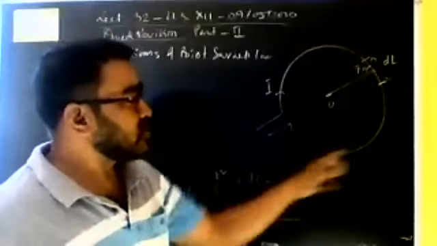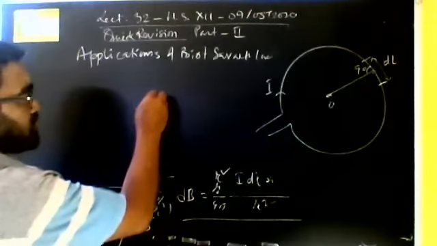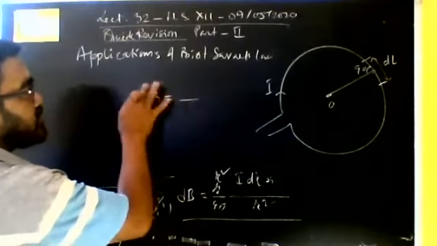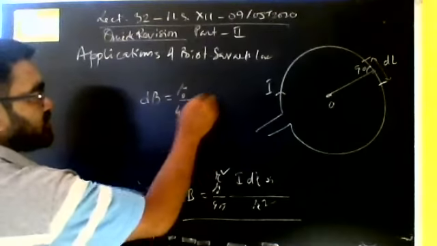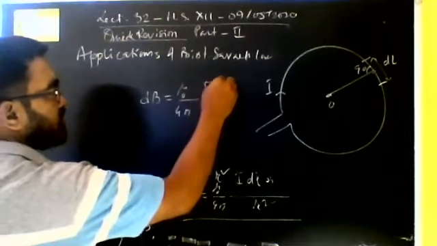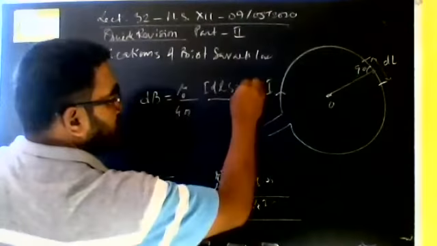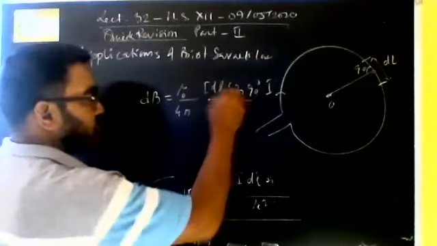due to a circular loop, what will we do? We use the formula of magnetic field given by Biot-Savart's law, mu naught by 4 pi I dl sin theta by r square, and in this case theta is 90 degrees.